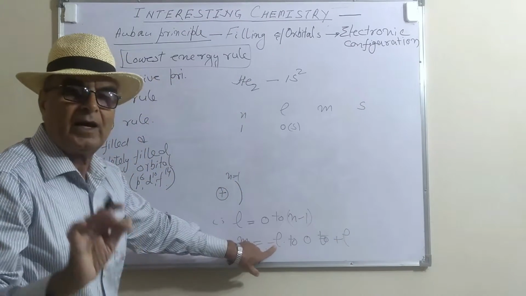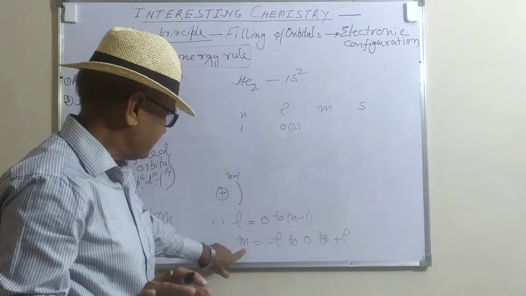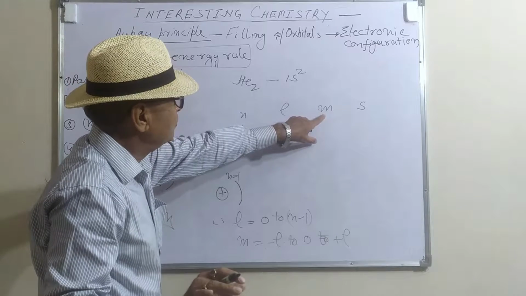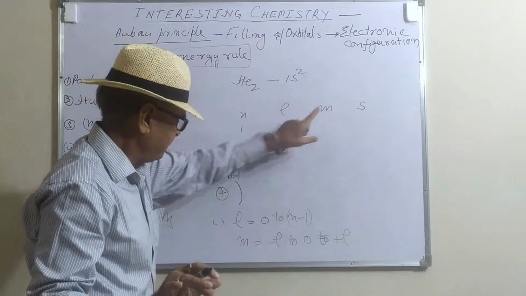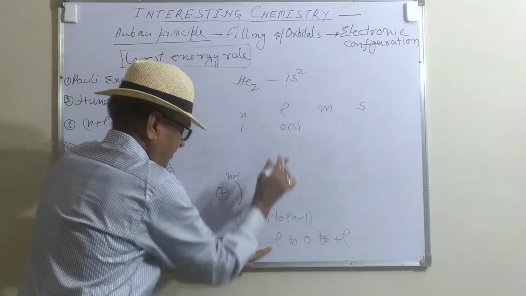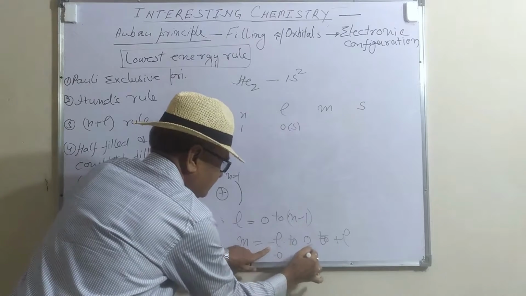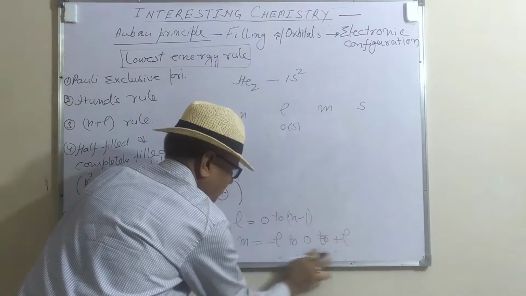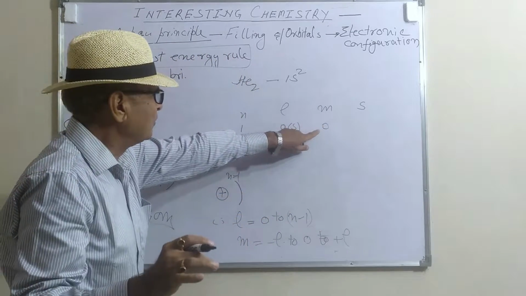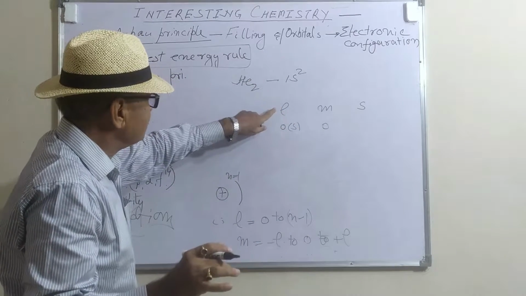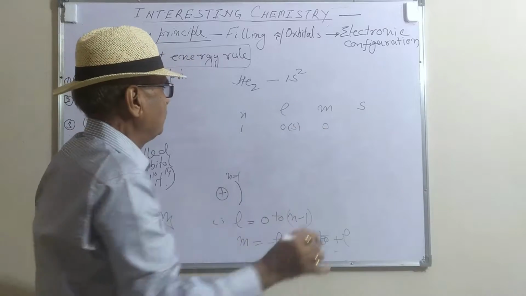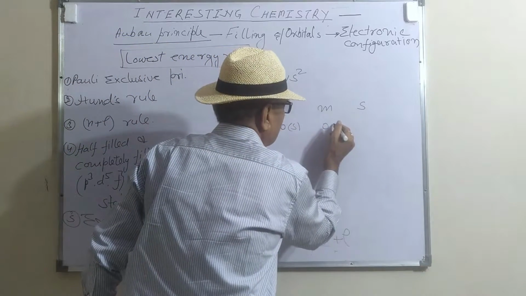So here it is minus 0, 0, plus 0, it means 0. So this subshell has only one orbital, and the name of this orbital is also s.